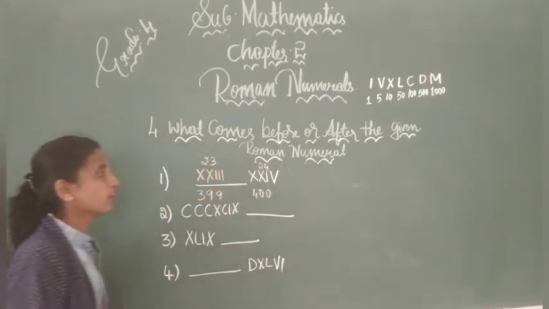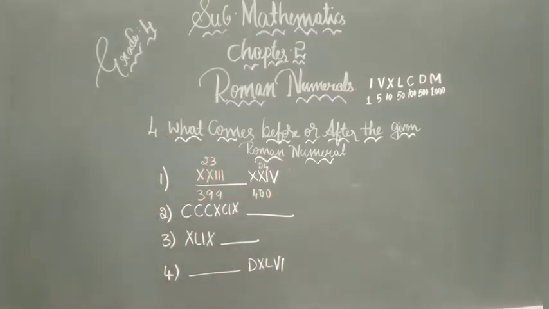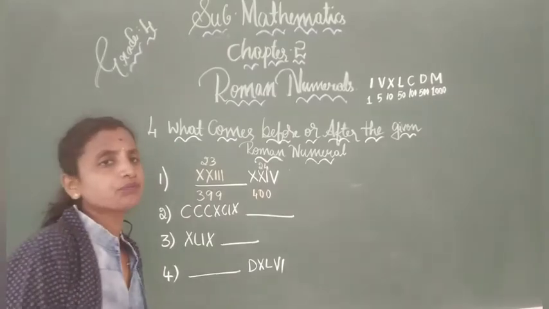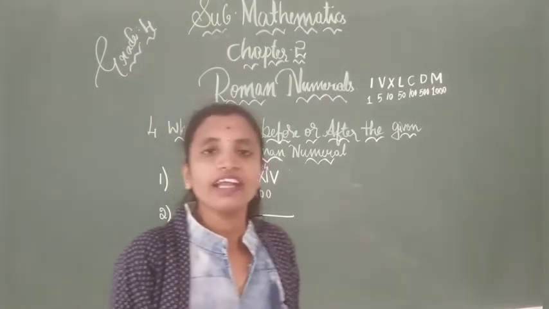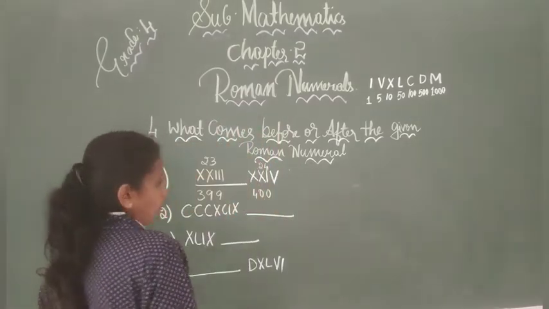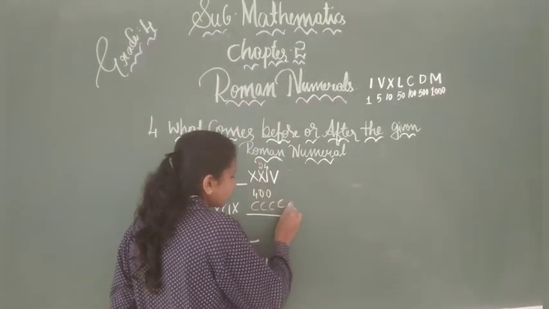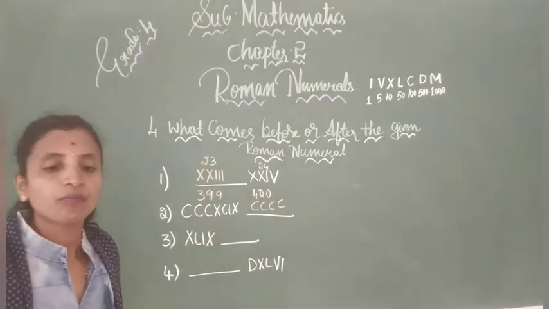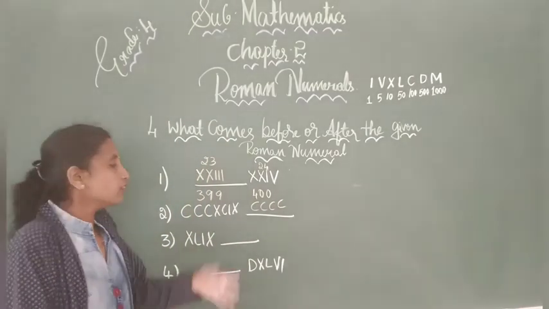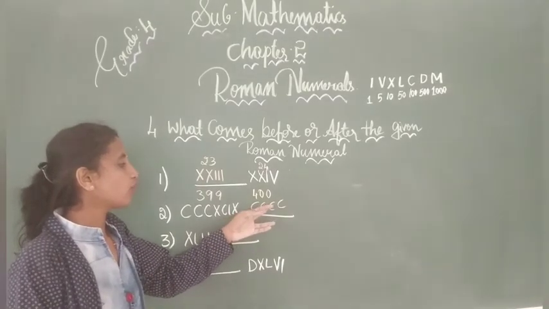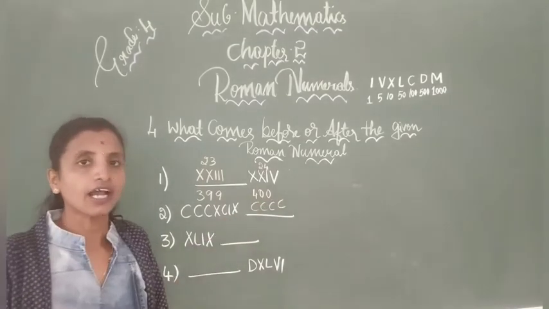The number after is 400. Then how do you write 400? Anyone? Can you write CCCC? Is it right? This also means 400: 100, 200, 300, 400. Correct?